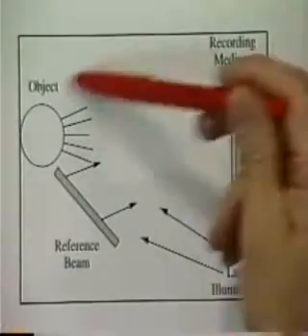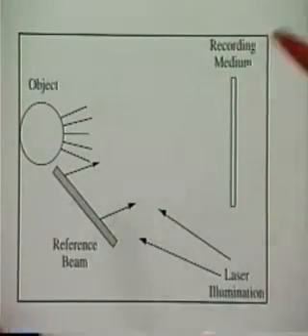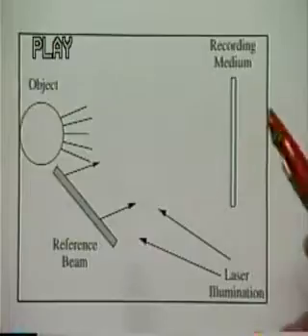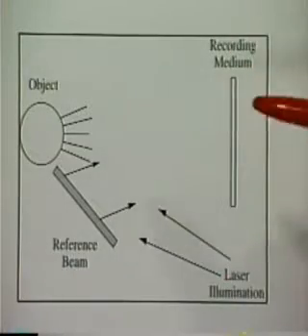So let's say we set up here to make some hologram, and there are a lot of different ways of setting up to make the hologram. And this comes from the view graphs that you got at the beginning of the semester.